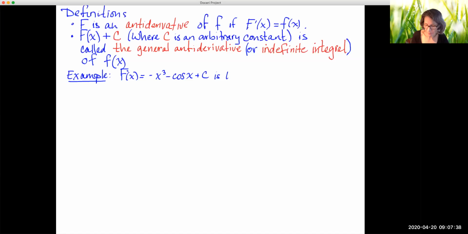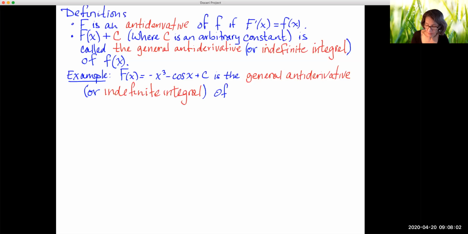So in my example, capital F of x is equal to negative x to the third minus cosine of x plus c. That is the general antiderivative, or the indefinite integral, of the function little f of x, which is negative 3x squared plus sine x.